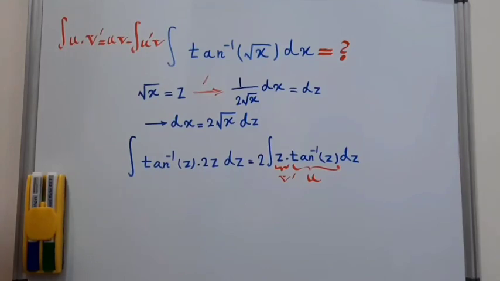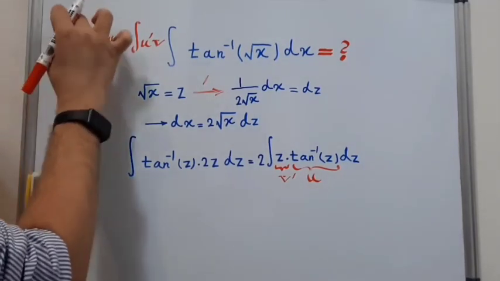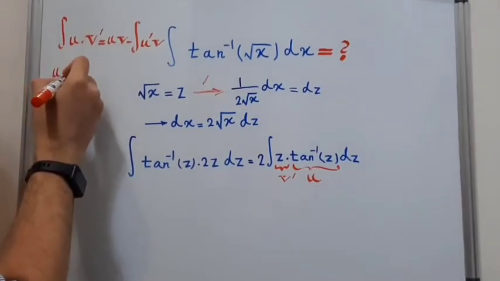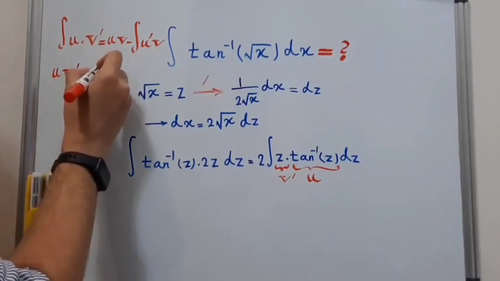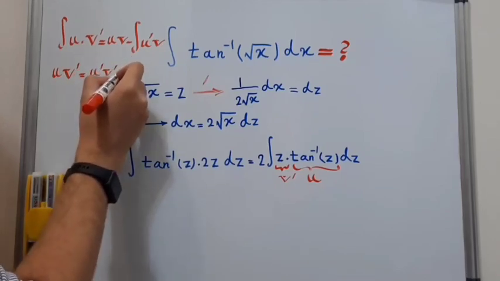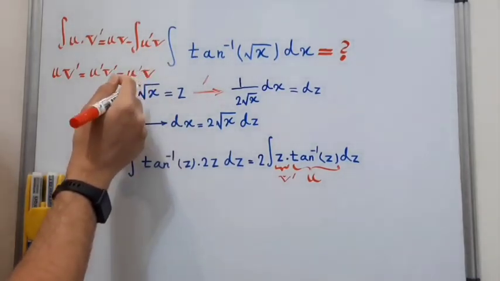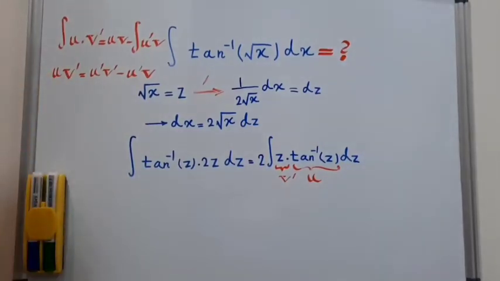The proof of this formula: you should just take the derivative from both sides. The derivative goes with the integral, so we reach u v prime equals u prime v prime minus u prime v, and I move u prime v to the left side.